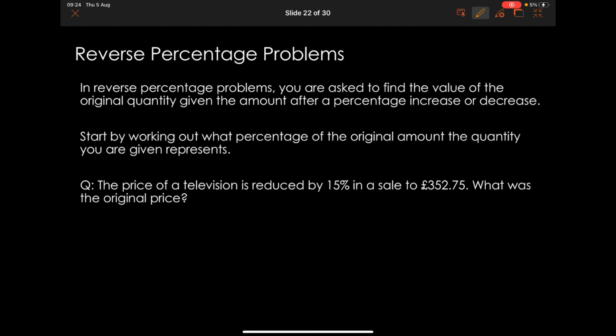So here's a question. The price of a television is reduced by 15% in a sale to £352.75. What was the original price? So, what it's saying here is that this is not 100% of the price. £352.75 actually represents 100% take away 15% of the price, giving us 85%.